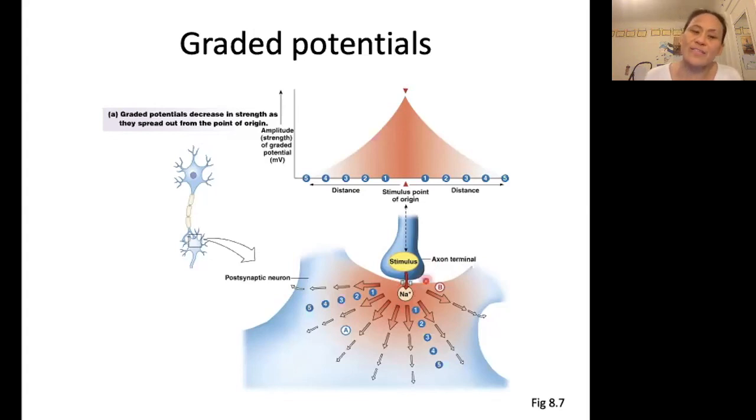So we have this change in membrane potential here. It's strong, very close to where the stimulus has been applied, and then it gets weaker as we go away, as indicated by these smaller arrows, okay? Another thing I want to say about this figure is that these numbers 1, 2, 3, 4, 5 correspond to these numbers here, 1, 2, 3, 4, 5. So that's just illustrating that same concept, okay?